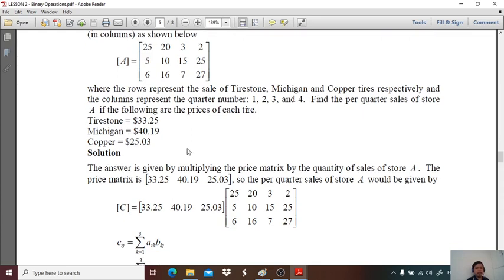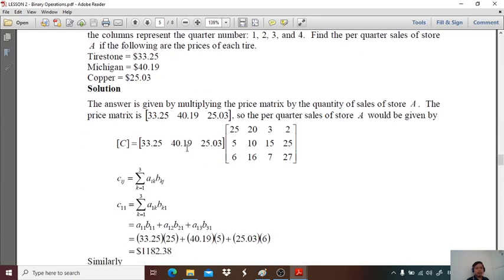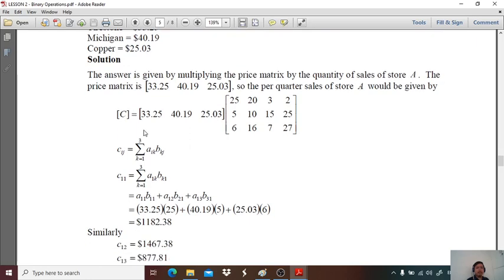So we have to multiply and sum. So we have 33.22 for Tarstone, 40.19 for Michigan, and 25.03 for Copper. So this is the sales per quarter, and this row is the type of tire.